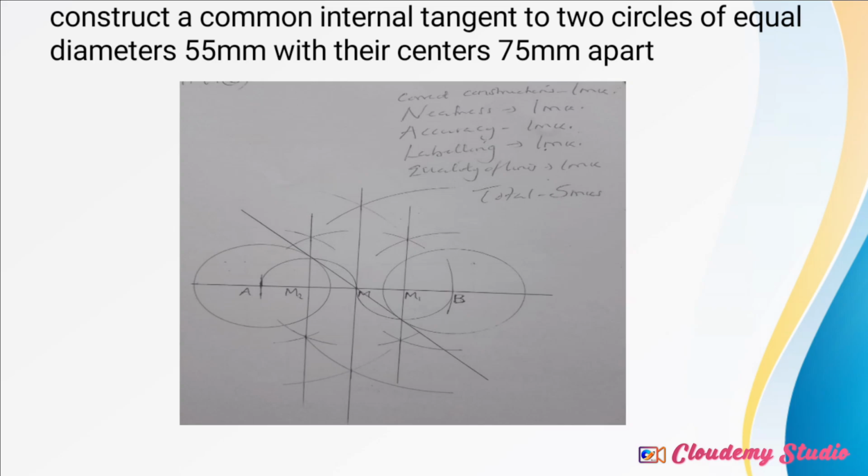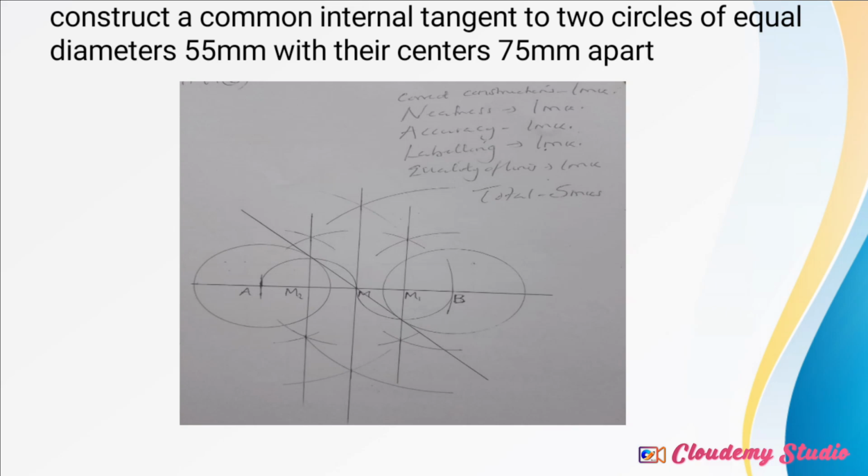So you will first draw a horizontal line, then mark your starting point A, and measure a distance of 75 millimeters from point A, because we are told that the centers are spaced 75 millimeters apart.